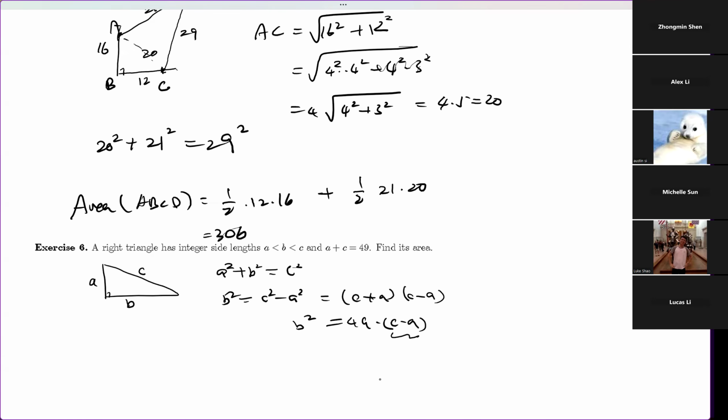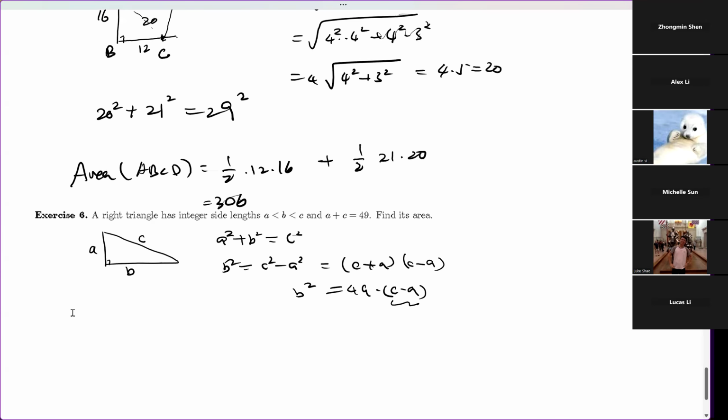So you can try like that. c minus a maybe equals 1 squared, then c minus a maybe 2 squared, c minus a maybe 3 squared, right? Because the left-hand side is a perfect square. In that case, b should be equal to 7.